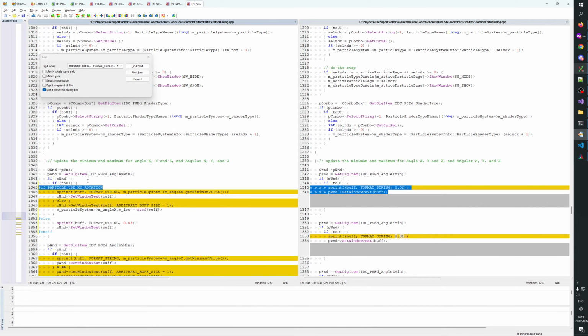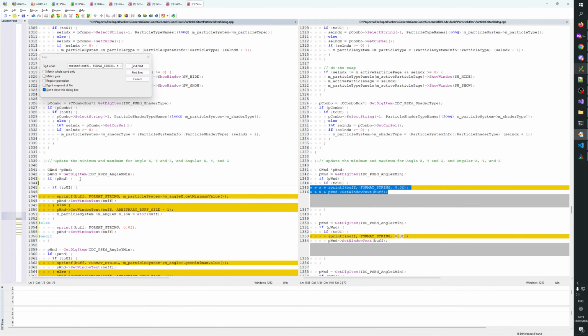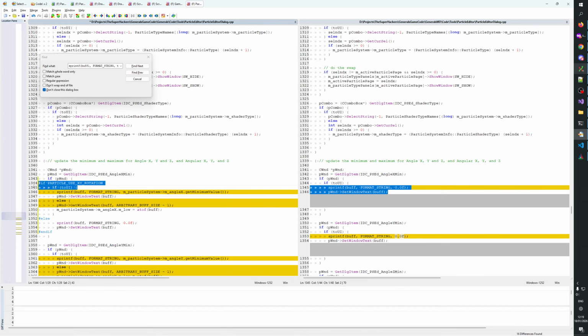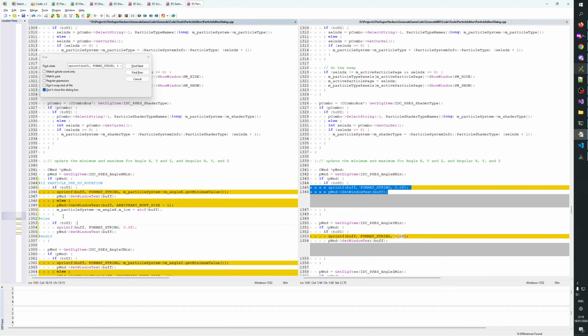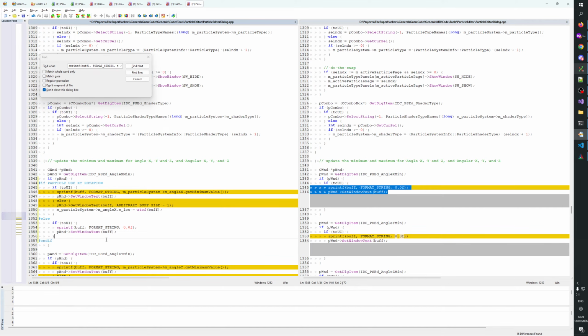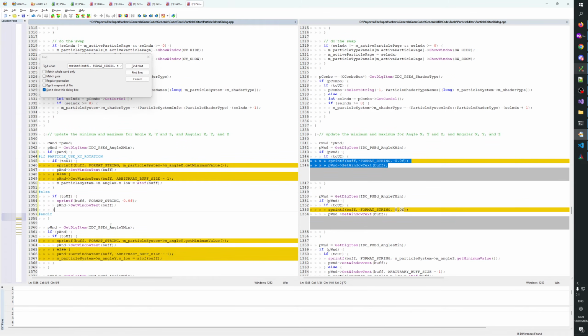I would say we take this and put this here, and then we take this here. I think that's probably the simplest, although it's a bit unfortunate that it's complicated.